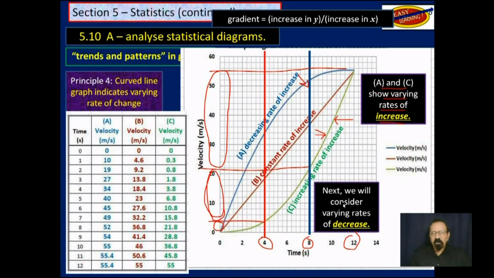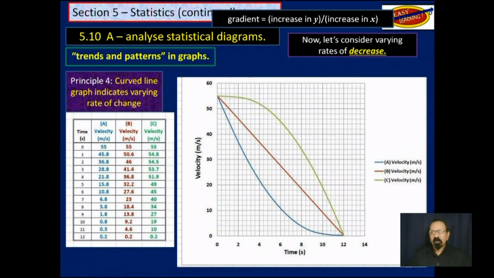Now we will consider varying rates of decrease. So let's look at this graph here. This one here, B, has a constant rate of decrease. For every 4 seconds, for this brown line graph, you have a constant rate of decrease. So 4 seconds will take us there, come across here. You have that amount of decrease.